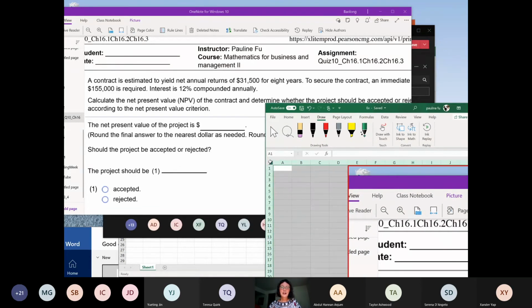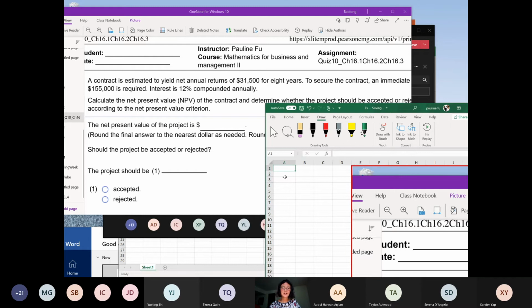Okay, the easy way, if I were you, I will use either Excel or calculator. Remember, even if you use calculator, you have to prepare the data in Excel format so that you can enter cash flow correctly. Okay, so I'm going to start off with the Excel.